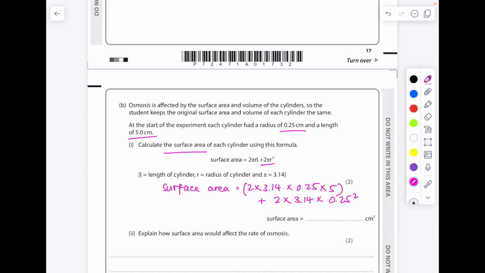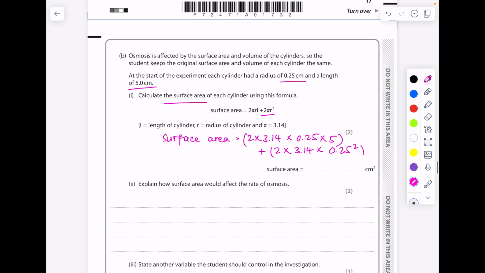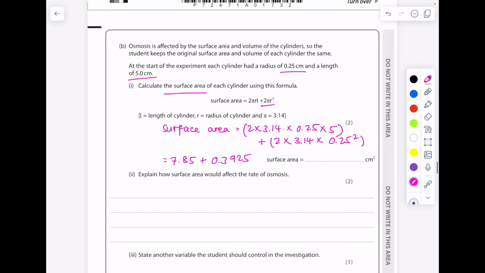So I was just dealing with the second portion of that. Put that into your calculator nice and carefully. So you'll get 7.85 for the answer to that first bit of the calculation, plus 0.3925. And then your final answer is going to be 8.2 to 2 significant figures.